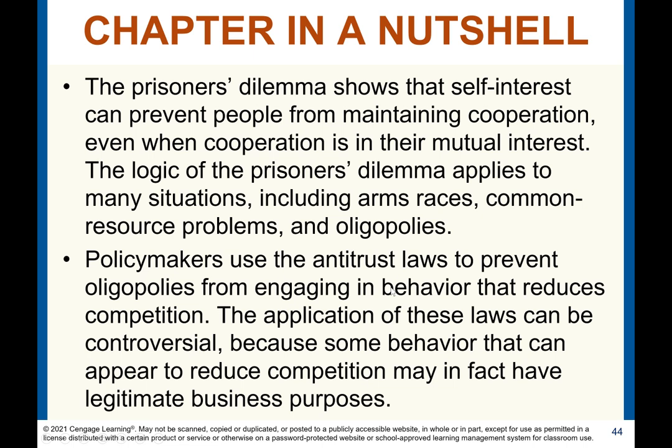Policymakers use the antitrust laws to prevent oligopolies from engaging in behavior that reduces competition. The application of these laws can be controversial because some behavior that can appear to reduce competition may in fact have legitimate business purposes.